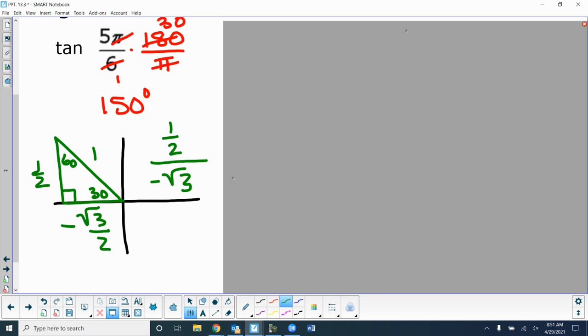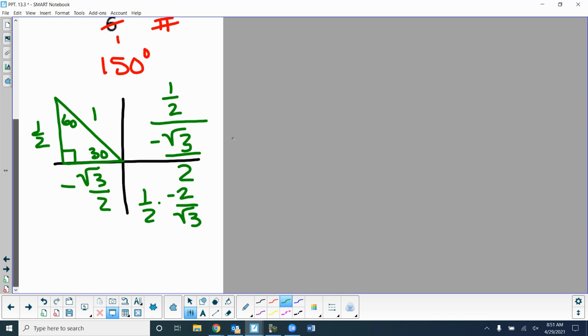What do we do when we divide by fractions? What's easier? Right. So I'm going to do 1/2 times negative 2 over radical 3. What happens to the 2? Cancel. So I get negative 1 over radical 3.